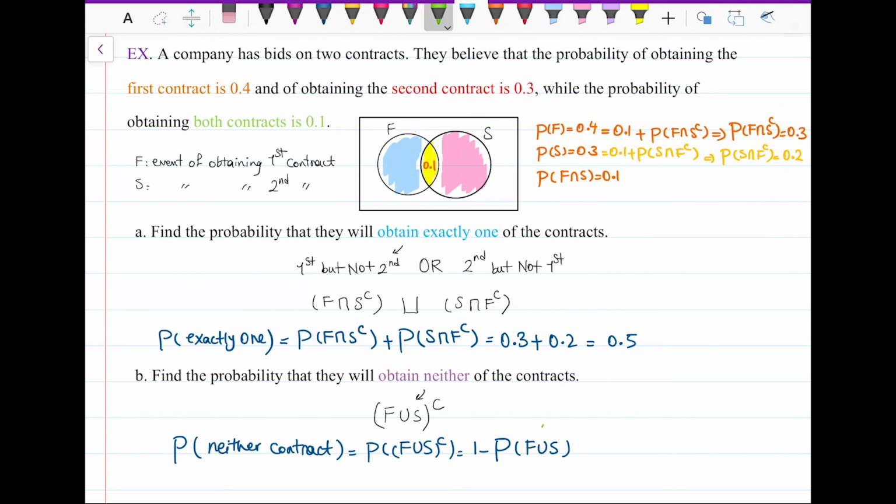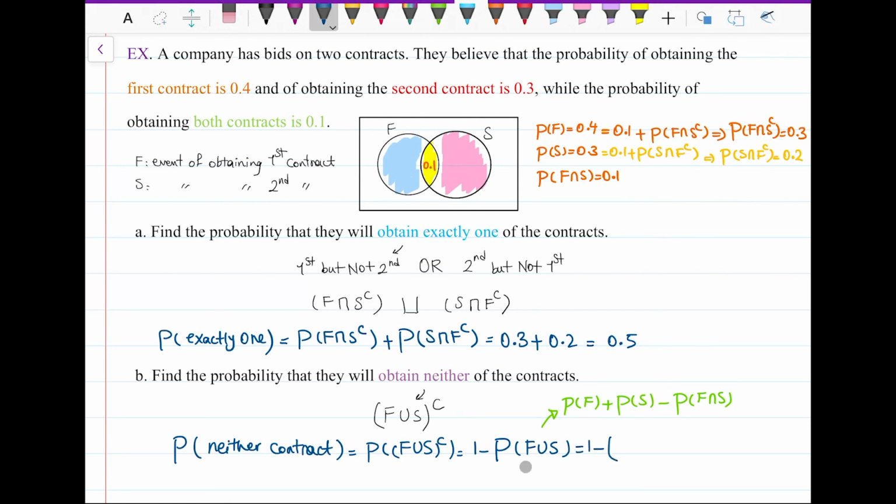If I want to give you a recall, probability of F union S would be probability of F plus probability of S minus probability of their intersection. There you go.